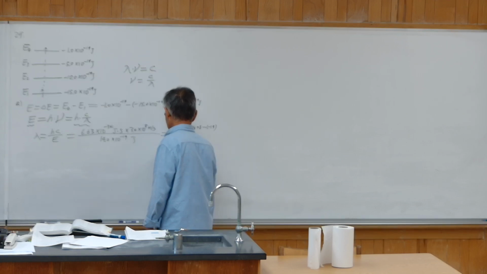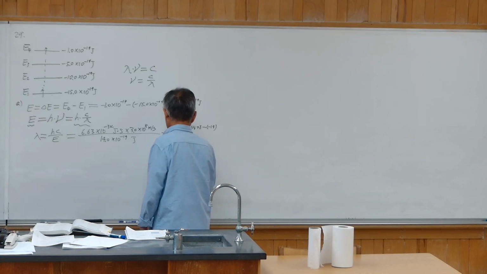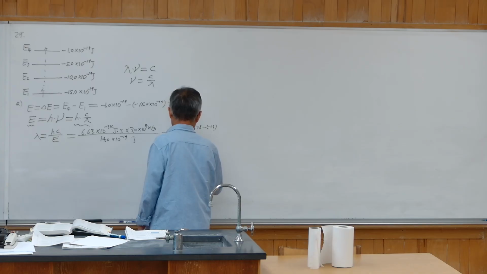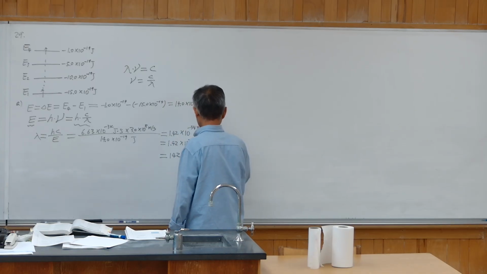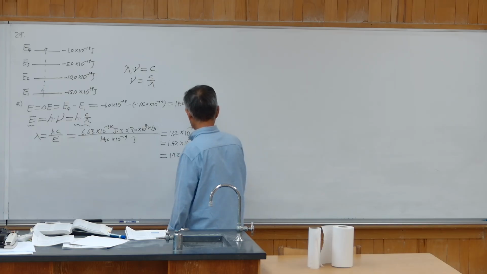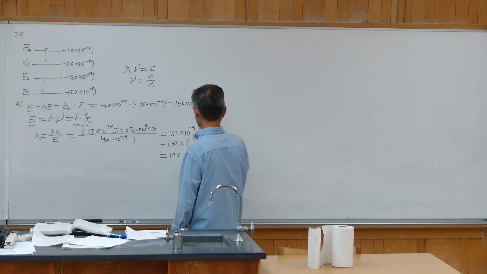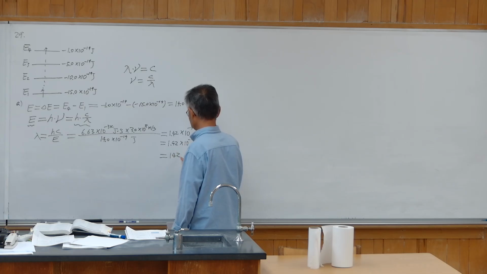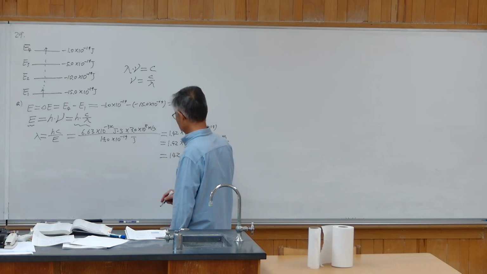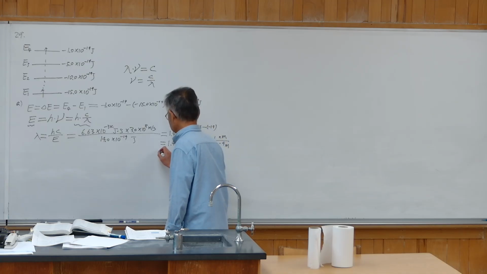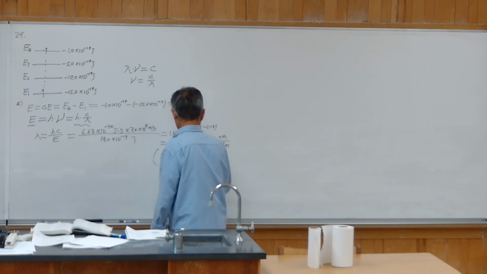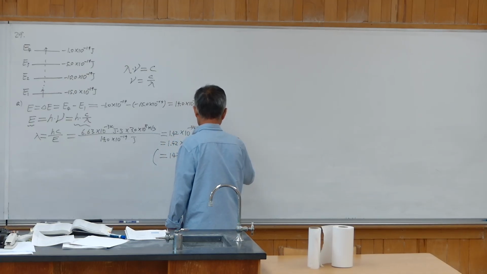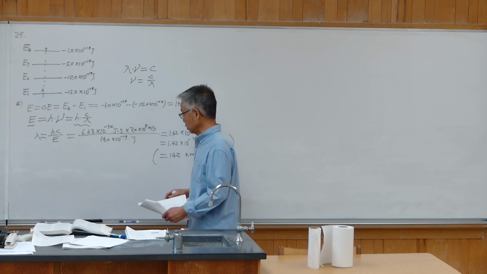If you want, you can convert this into nanometer, because 1 nanometer is 10 to the negative 9th power meter. So divided by 10 to the negative 9 is times 10 to the 9. Becomes 142 nanometer. As I said, since here they specify, you don't have to do this step, just keep it in meter, that is fine.